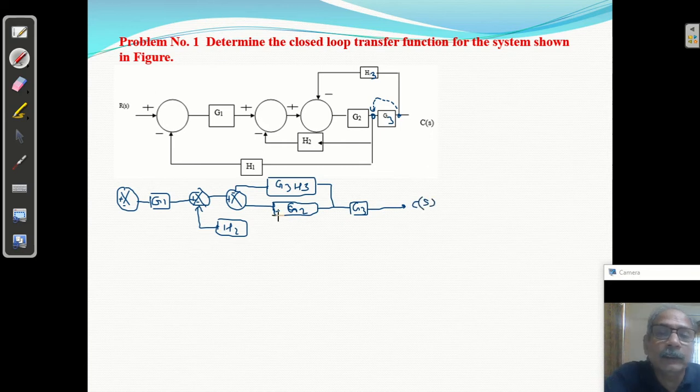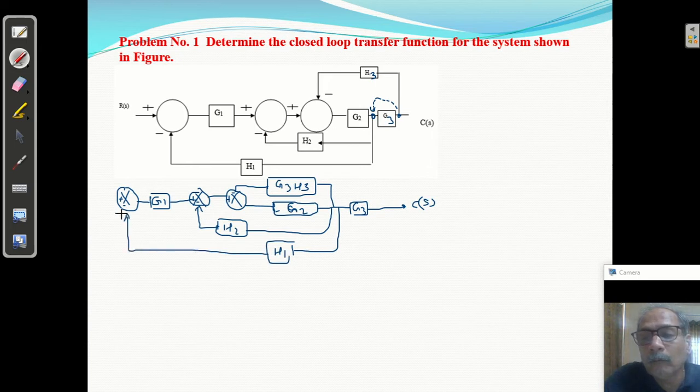Okay, so I am shifting this takeoff point from here. Now it is H2 from here, and here one more takeoff point, that is H2, H1. So it is H1, this is G1, this is H2. And now you can say this is forming a closed loop.